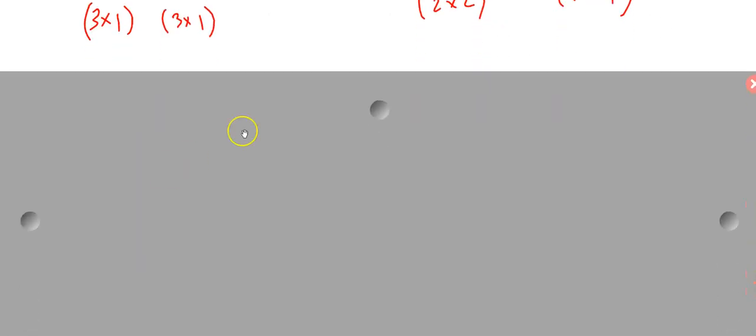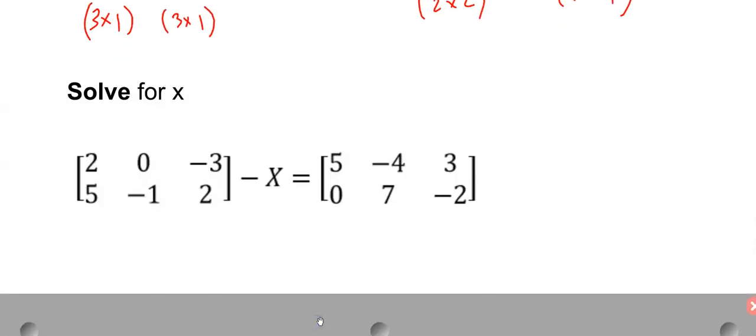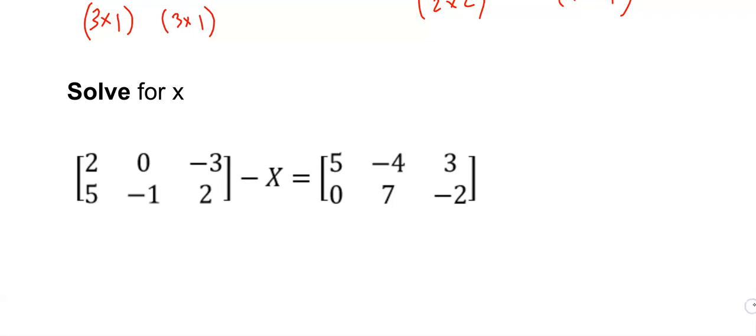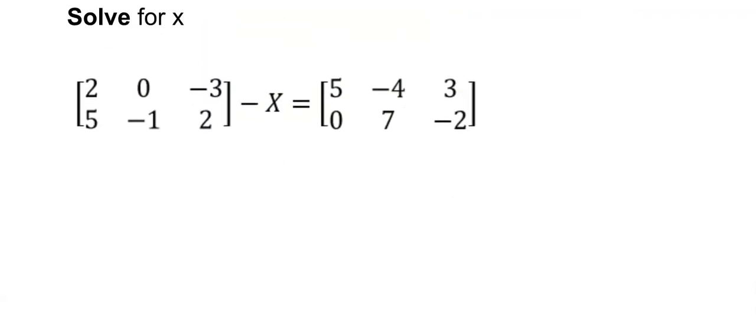You need equal matrices in order to add or subtract. So this one, you see there's an example in the book of something like this, and I want you to be able to do, first of all, subtraction, and also kind of a more difficult one like this. So for this one, you have this first matrix, that 2, 0, -3, 5, -1, and 2.